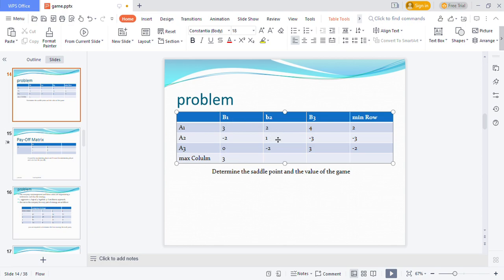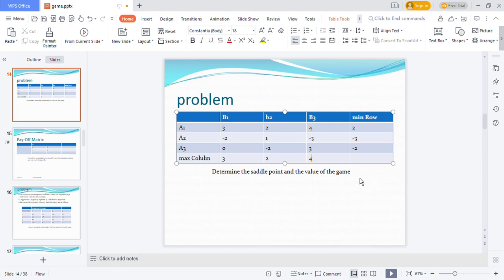For B2: 2, 1, -2. Which is the best? 2 is the best. And then B3: 4, -3, 3. Which is the best? 4, the maximum. So in columns, you choose the maximum payoff. In rows, you choose the minimum payoffs.